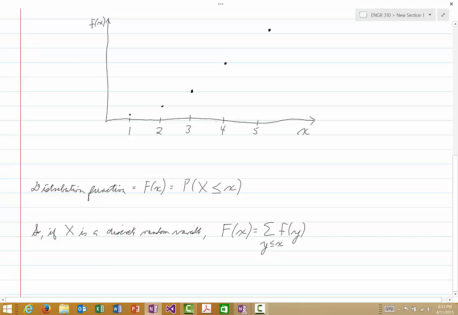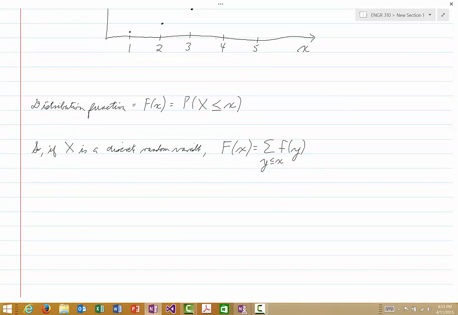Now, if y is greater than x, we don't want to take into account that probability, because this distribution function is supposed to be just the probability that the random variable is less than or equal to x. So let's see then how this would go.